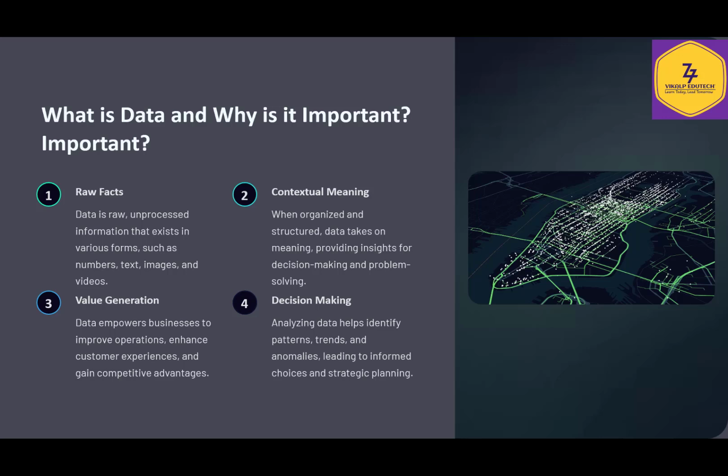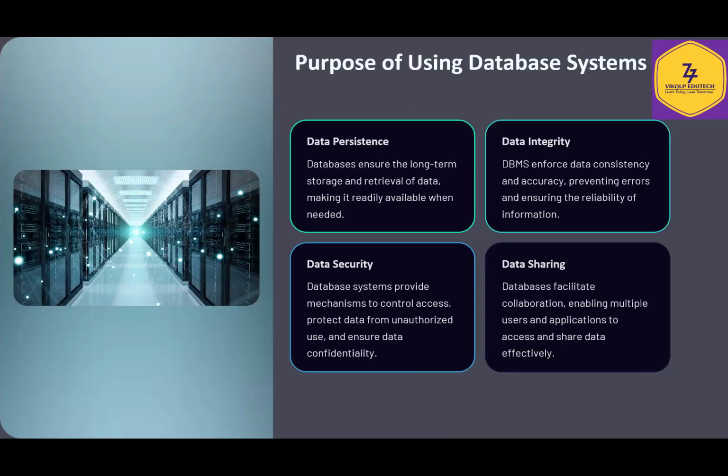In order to store this data securely, we need a system in place. These apps are called Database Management Systems. The main purpose of a Database Management System is data persistence. Databases ensure the long-term storage and retrieval of data, making it readily available when needed.